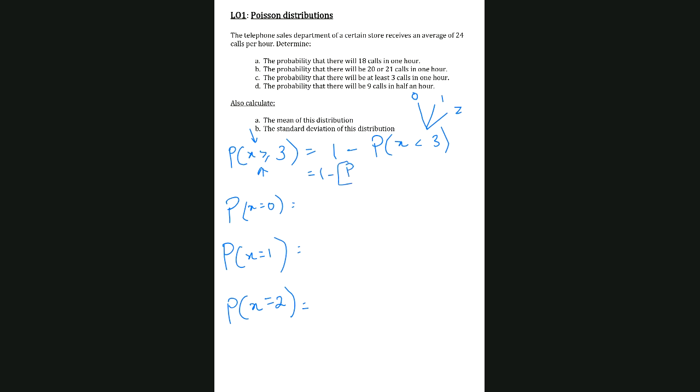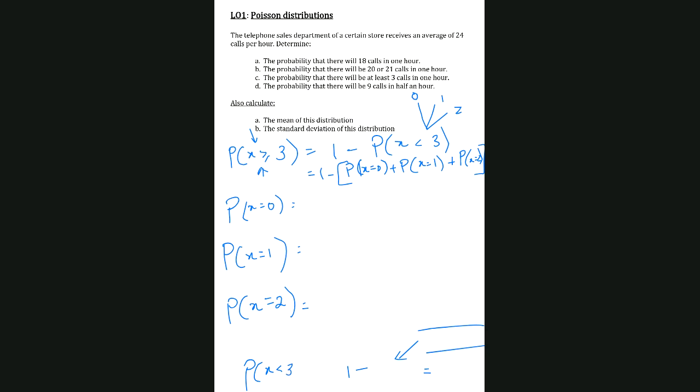So I'll just write here the probability of x being equal to 0 plus the probability of x being equal to 1 plus the probability of x being equal to 2. And as I had pointed out, we would then sum those up at the end of it, and 1 minus that amount would give you your final answer.